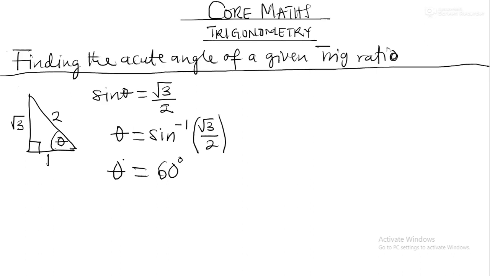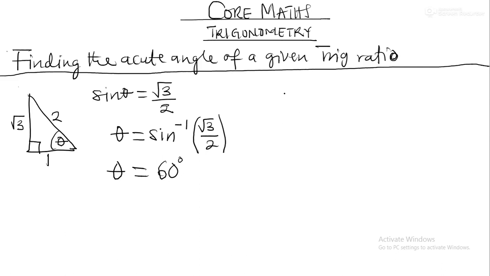So, whenever a trig ratio is given and you want to find the angle that gave that ratio, you use the inverse trig function of the particular trig ratio you are looking at. In our case, it is sine, so you find the sine inverse of the ratio. With the help of a calculator, when you punch it in, it will give you the angle.